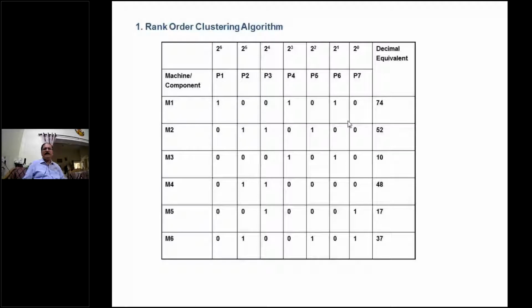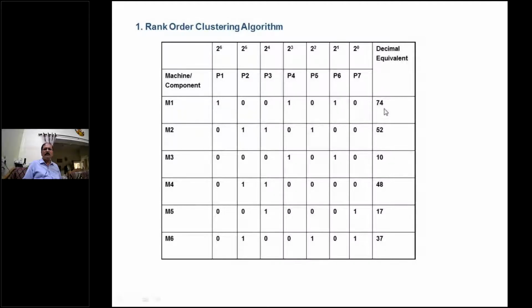What we do in rank order clustering is read each row as a binary word, then write down its decimal equivalent. So the first row will be read as 1, 0, 0, 1, 0, 1, 0.